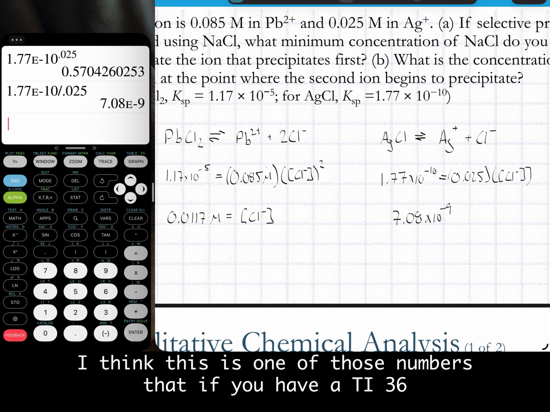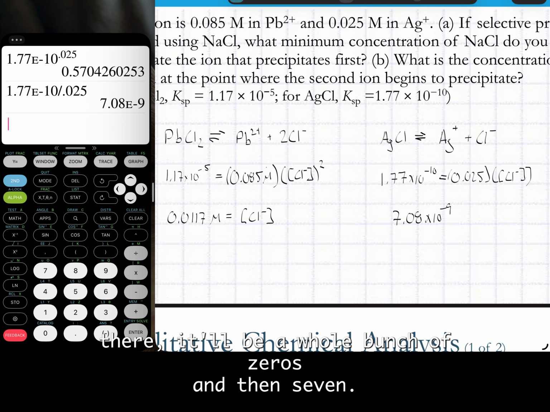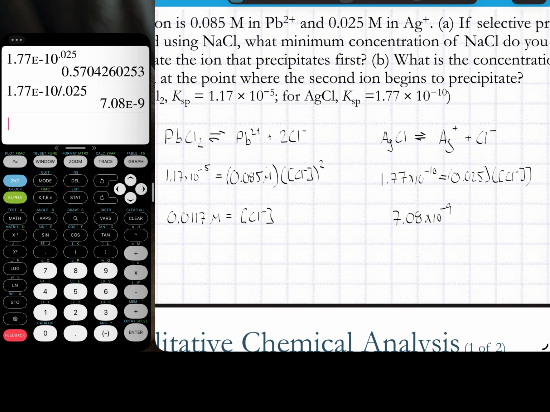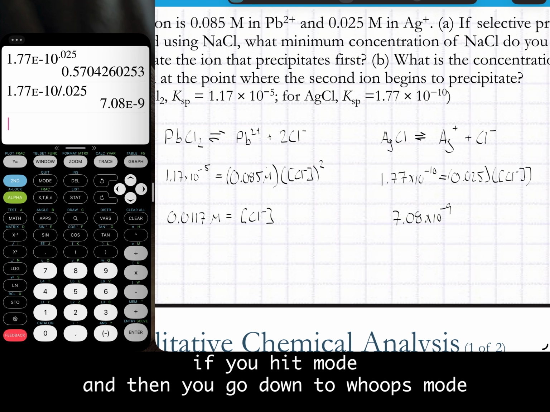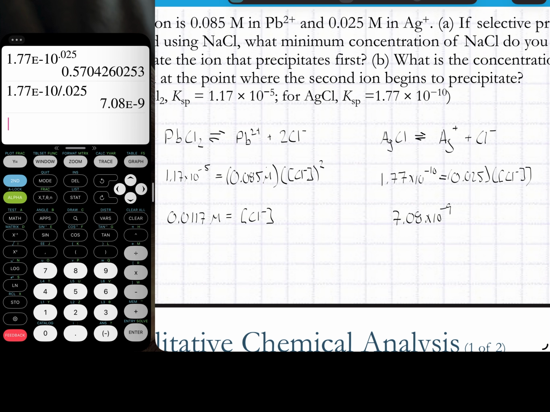I think this is one of those numbers that if you have a TI-36X Pro, and maybe other calculators, it'll just say 7, like a whole bunch of zeros and then 7. If you hit mode and go down to the second line, there's norm, SCI, and ENG.